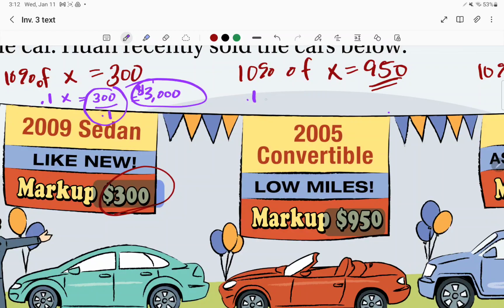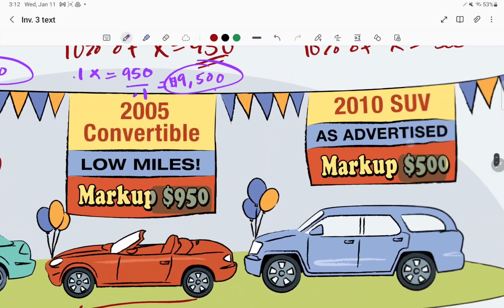So 0.1 of X is equal to 950. So 950 divided by 0.1 is what number? When you plug that in, that is 9,500. Okay, so she bought this car for 9,500 and she's selling it to you for $950 more than that.